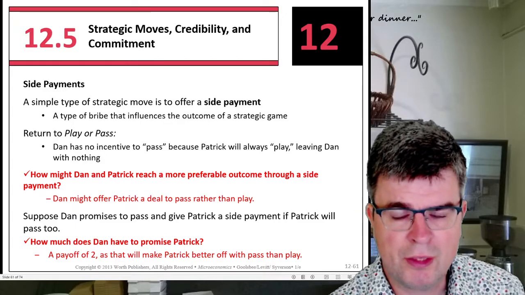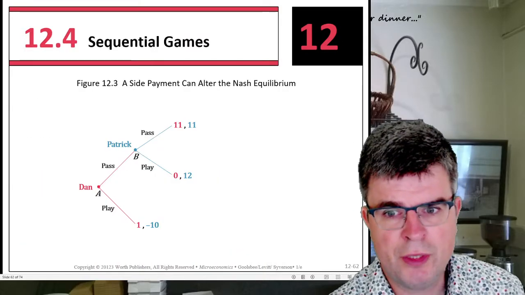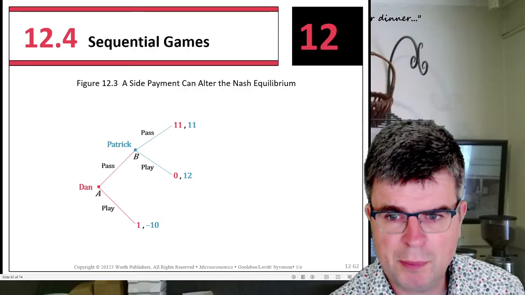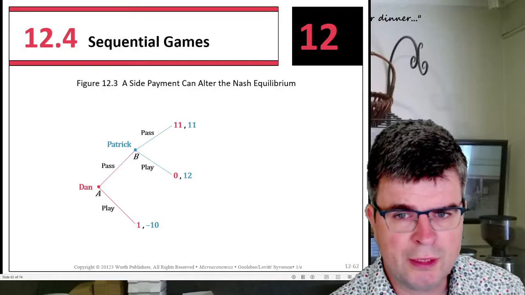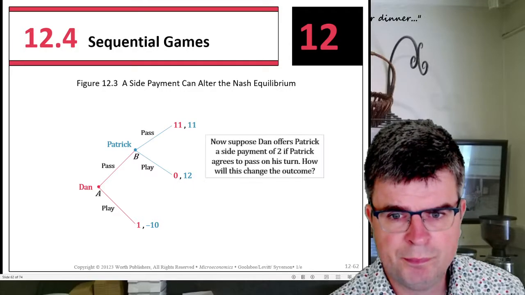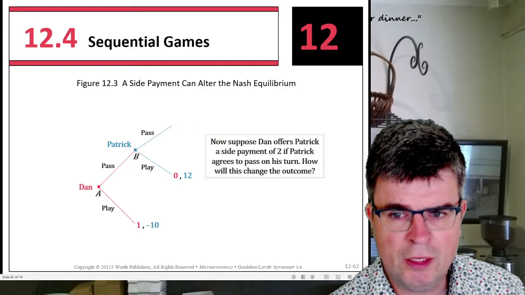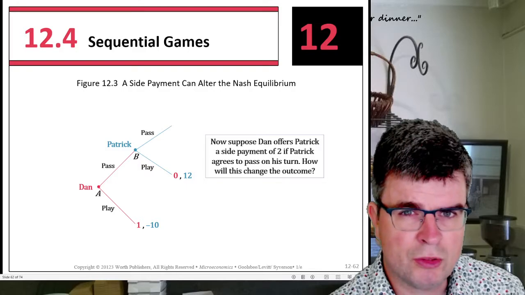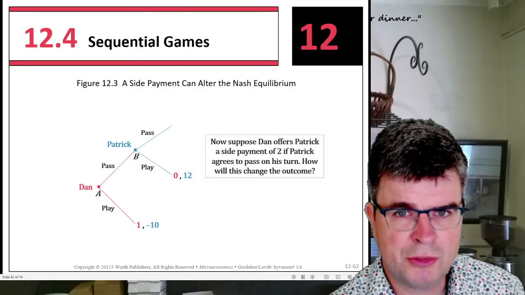So what will that side payment look like in the tree? This is the original game with the original final outcomes and payoffs. Now suppose that Dan promises the side payment of 2. Then instead of earning 11, Dan will only earn 9 because 2 of his payoff is passed to Patrick.